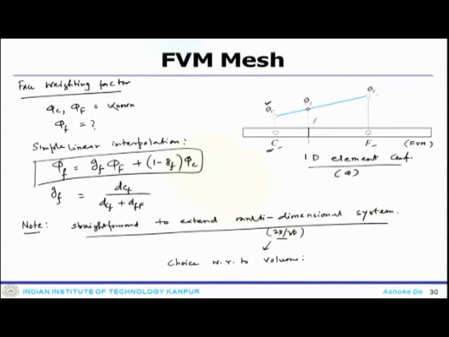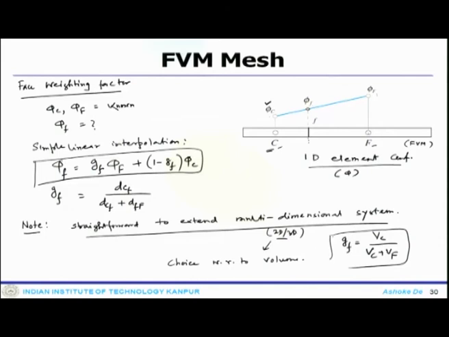So one can use GF as a ratio of Vc divided by Vc plus Vf. This is one option one can adopt for a multidimensional system like 2D or 3D.